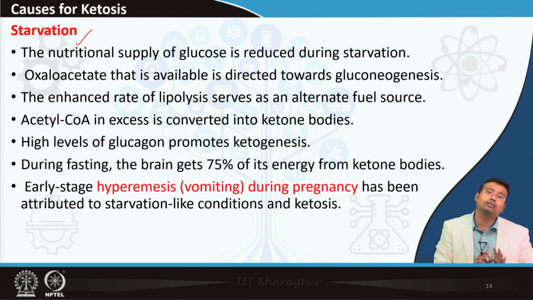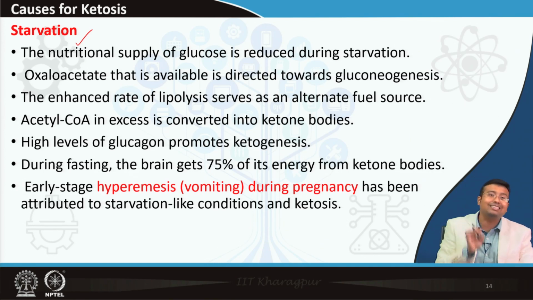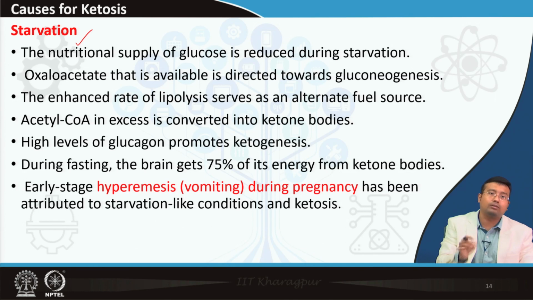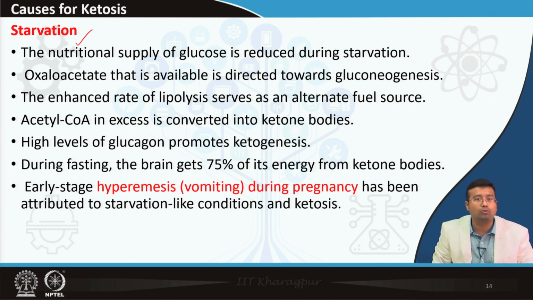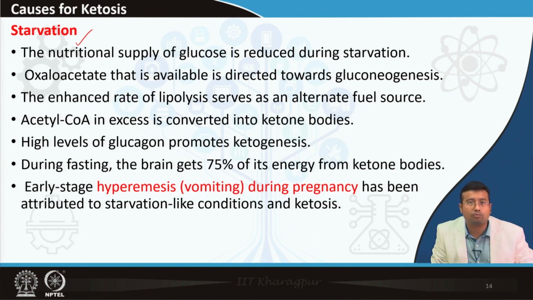As long as glucose is not available from any source, the body will try to produce glucose. This leads to a situation where there is no glucose, and excess acetyl coenzyme A is formed from breakdown of fatty acid. Now, this acetyl coenzyme A has got nowhere to go, and this leads to production of ketone bodies.